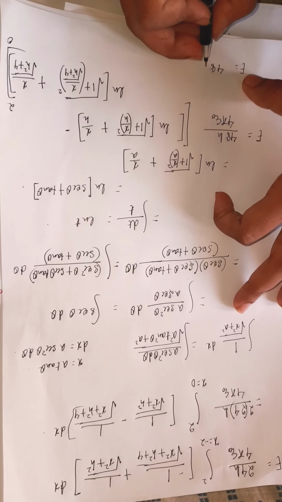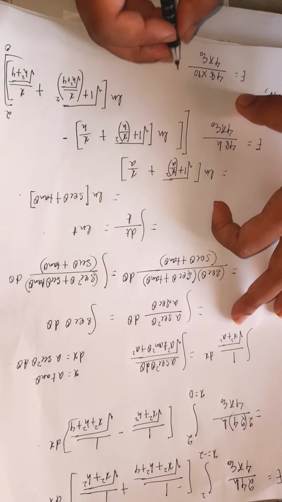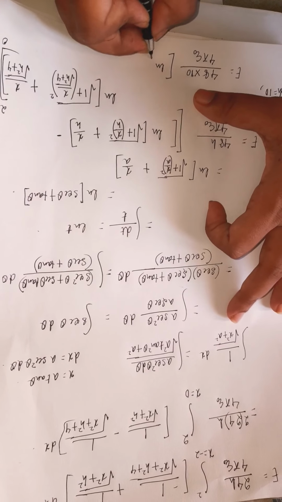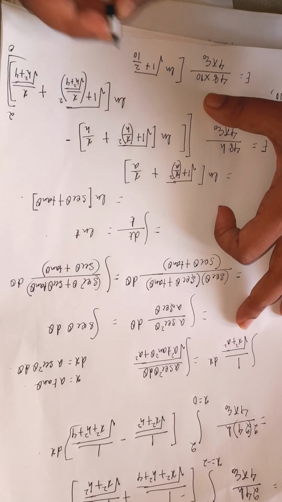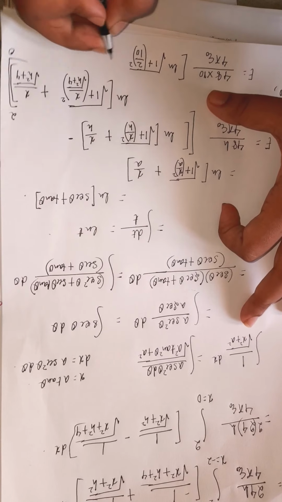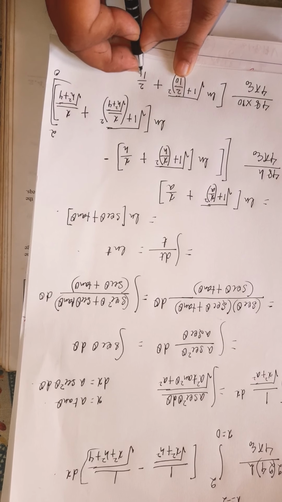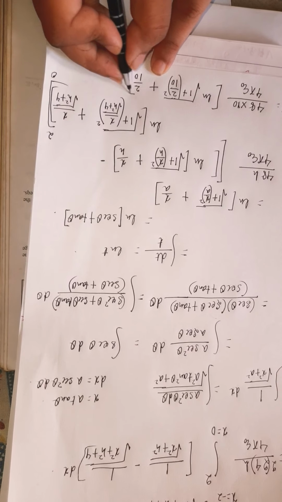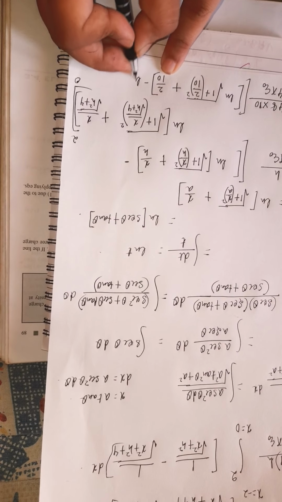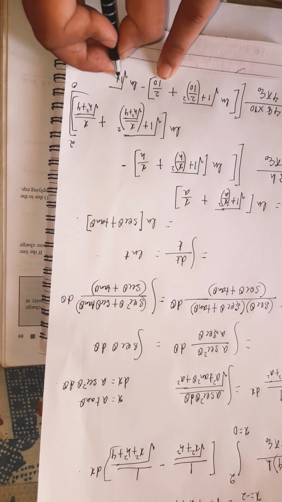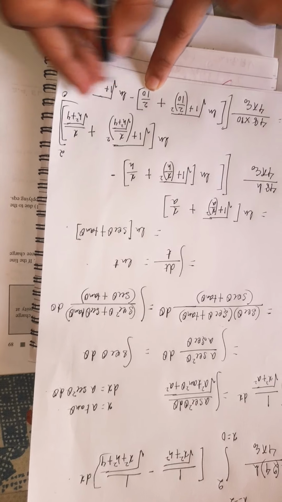So it's basically 48 into 10 divided by 4 pi epsilon naught, whole into ln of root over of 1 plus (2 by 10) whole square, plus x by h, that is 2 by 10. Then next, minus ln of root over of 1 plus, this is 10, so 10 square is 100, 100 plus 4, 104.